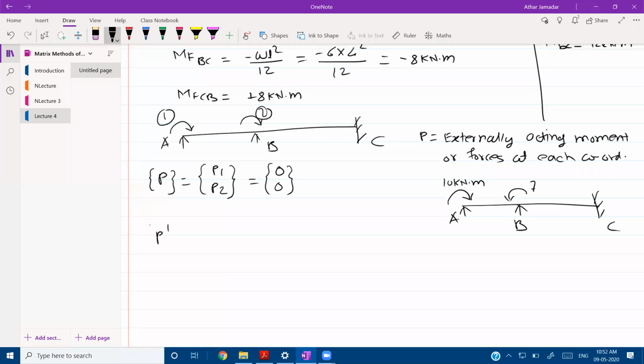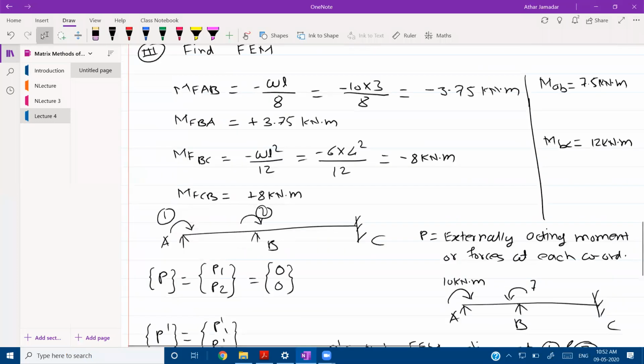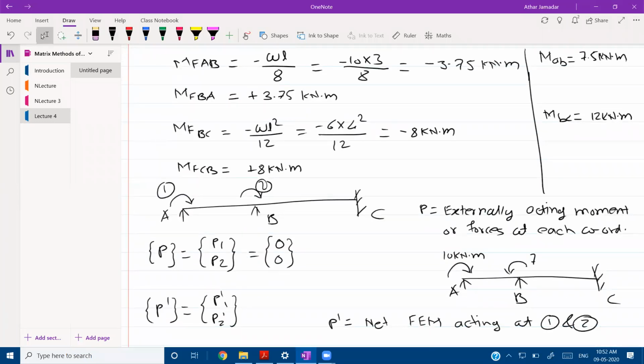Now next is vector of P dash. So again, depending upon our number of coordinates, this will be P1 dash, this will be P2 dash. Now P dash vector is net FEM acting at 1 and 2, or at given coordinates or assumed coordinate system. Okay, so net FEM means at point A, if you see how many FEMs are acting, there is only one FEM, that is MFAB.